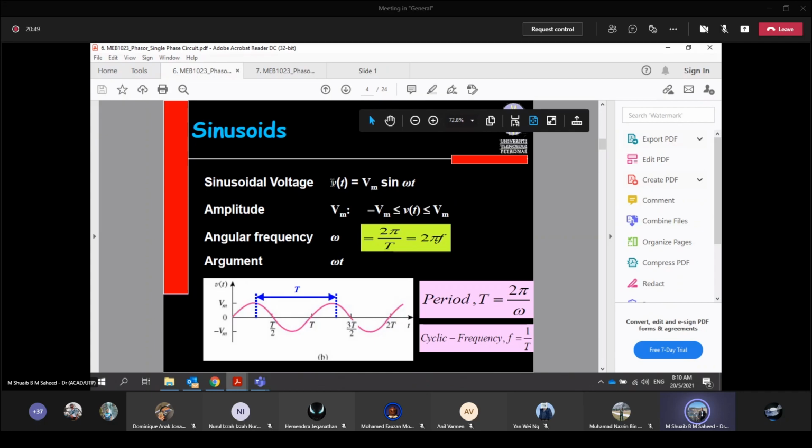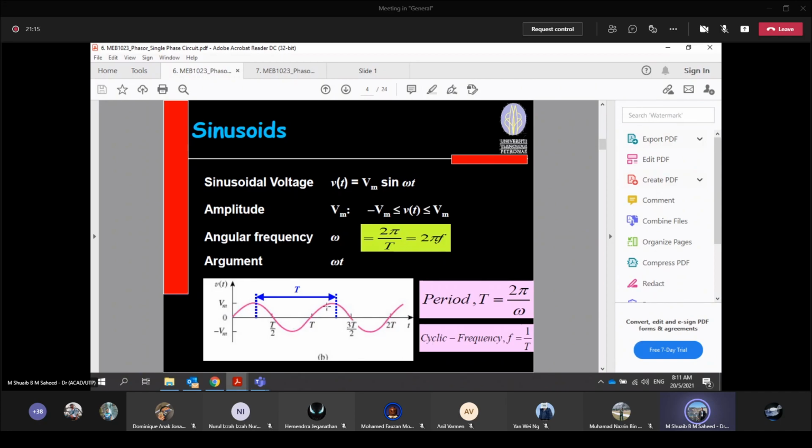You will get the voltage at that particular time. So the v(t) here, the small case v, is the instantaneous value. At that current time, what's the value? It is a function of time, and the argument is omega t.